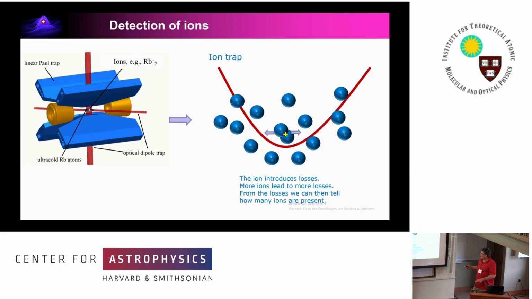They collide with the atoms and kick one atom out after the next, and after about a second or so, a good fraction of the atoms are kicked out. Then we know from the amount of atoms that have been kicked out how many ions we had, and that means we know how many molecules we had in that particular level.